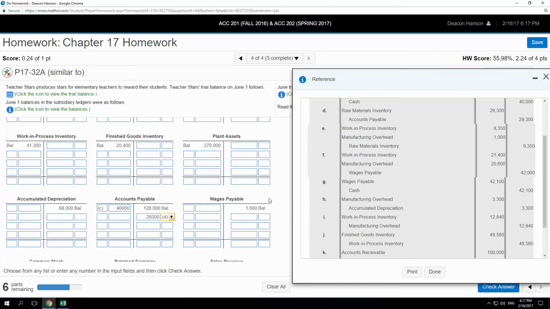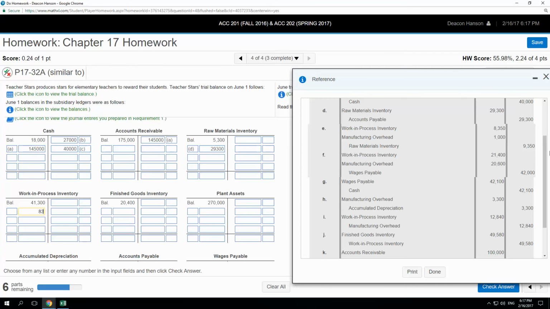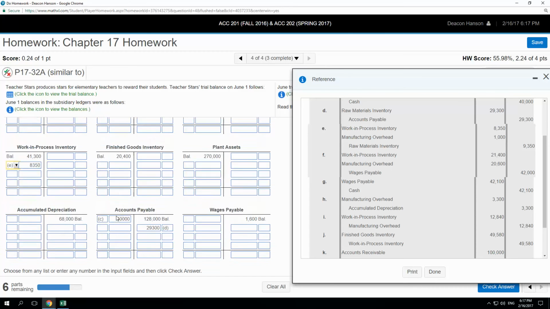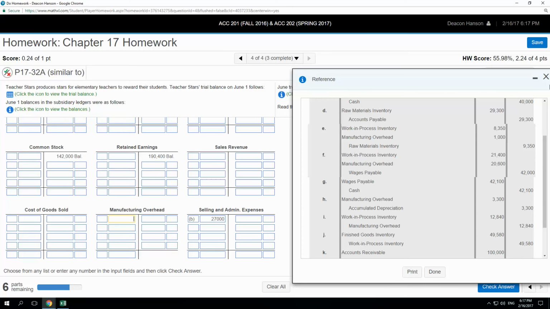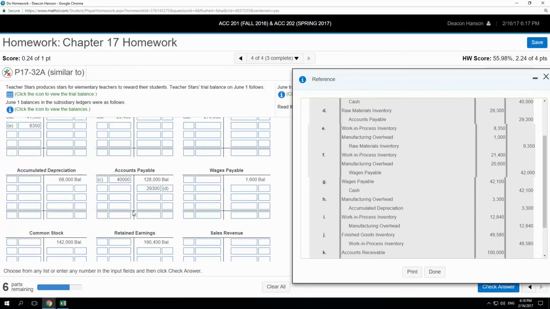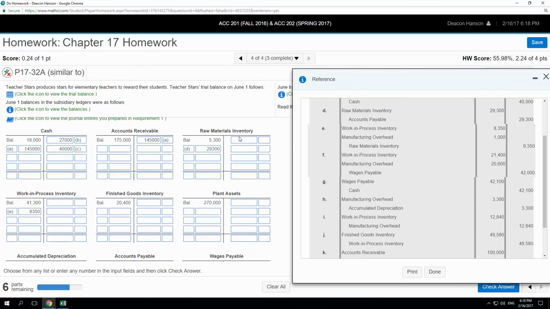Then in E we got a compound entry. So we got work in process, manufacturing overhead of 1,000, and raw materials inventory should be right here, 9,350.